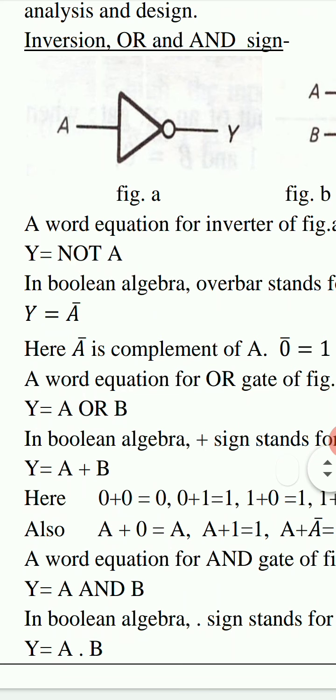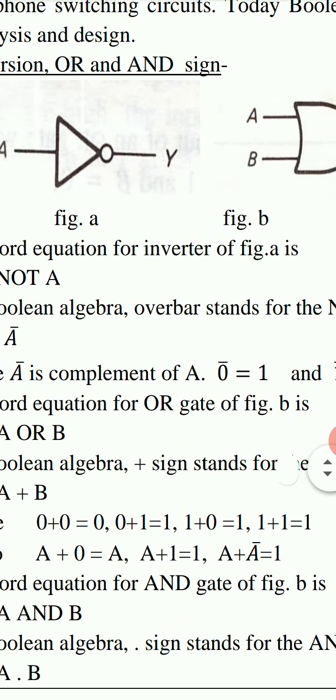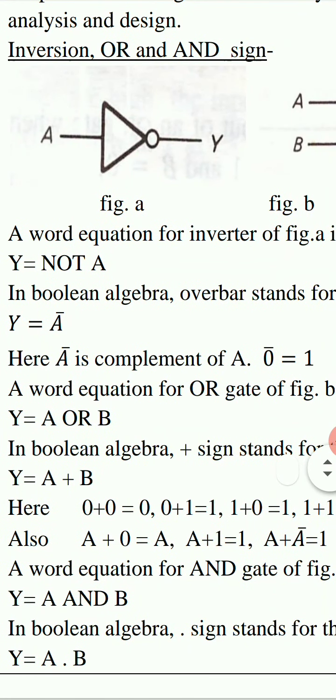This is the NOT gate symbol which produces inversion. If input is 0, then output is 1. If input is 1, then output is 0. So output Y is not equal to input A. So it is called a NOT gate.